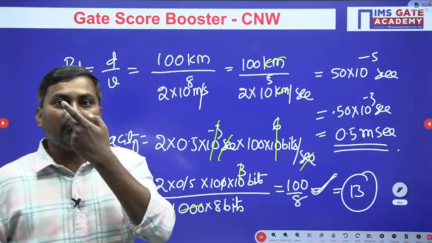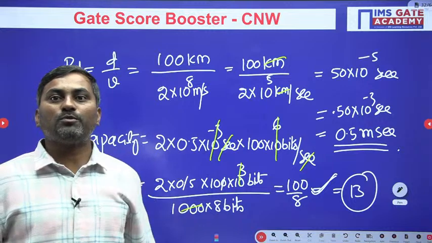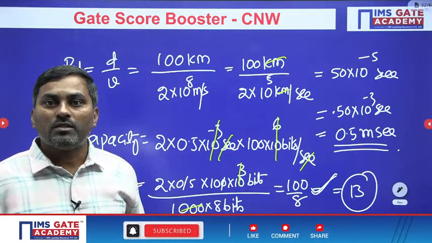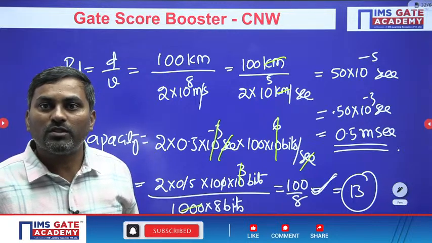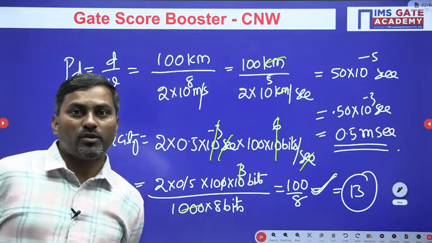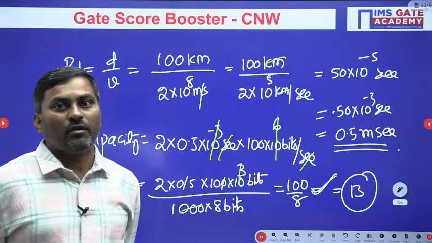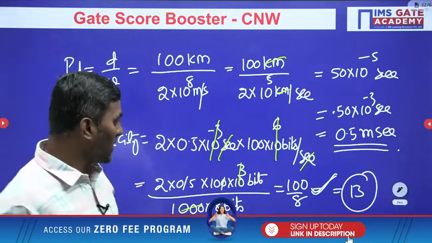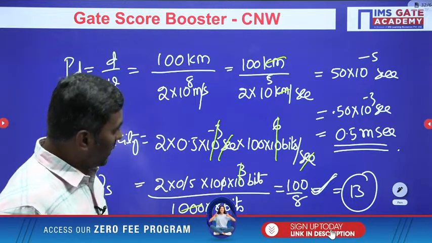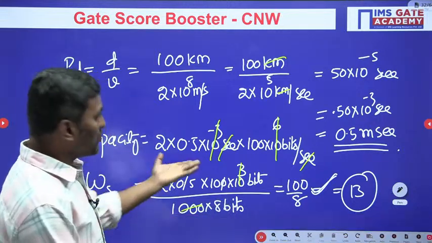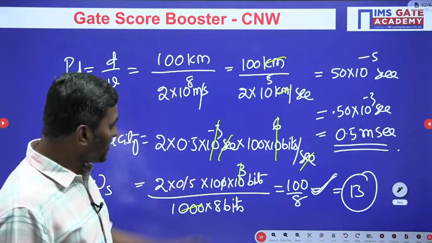Is it the effect of transmission delay? How much did we get? 80 into 10 power. Sir, but 13.5 by using the efficiency formula. If we add the transmission delay, 2 times the propagation will get a higher value. The transmission delay is added, right? Therefore, in this case this is also right. The way of solving this is 100% right.